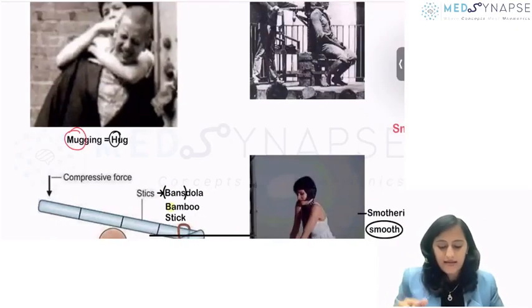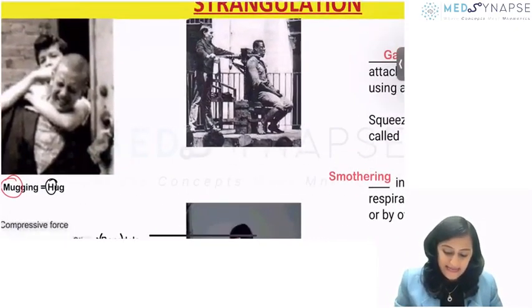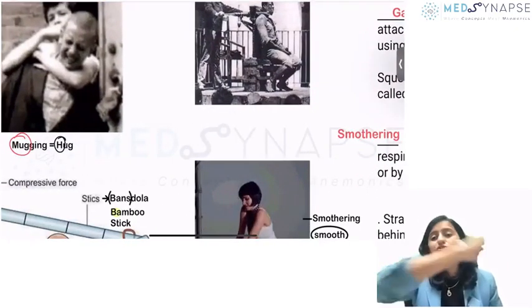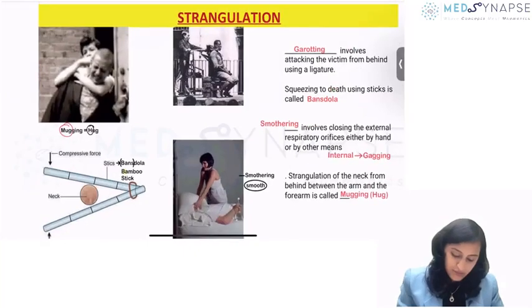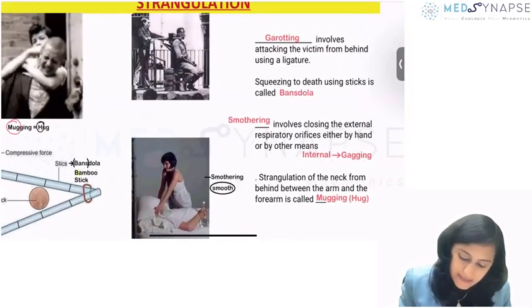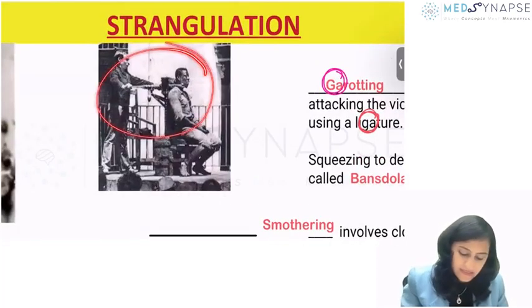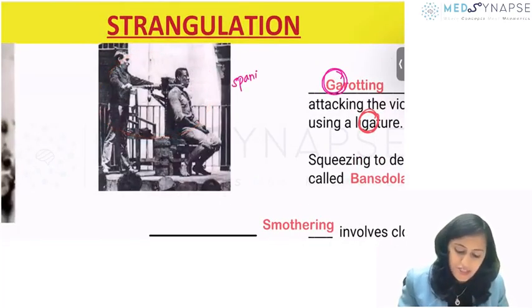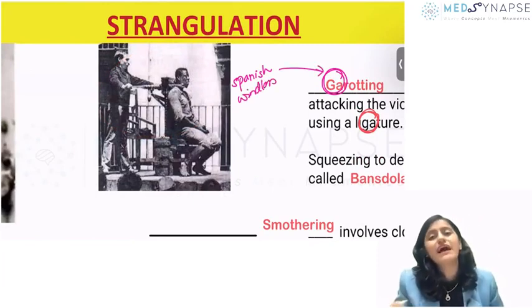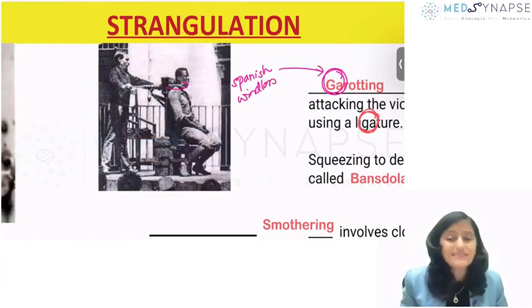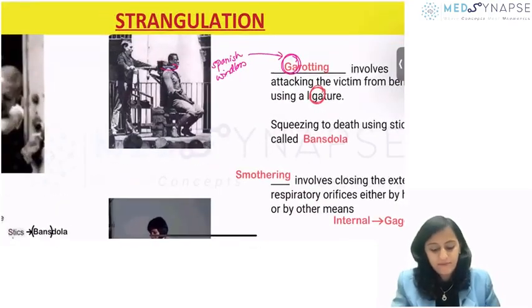When a ligature is being used instead of the elbow, it is garroting. So remember, ligature used is garroting. And this image that you see here is called Spanish windlass, which is a modified type of garroting. Spanish windlass, a ligature is used. This is a type of garroting, a previously asked question.